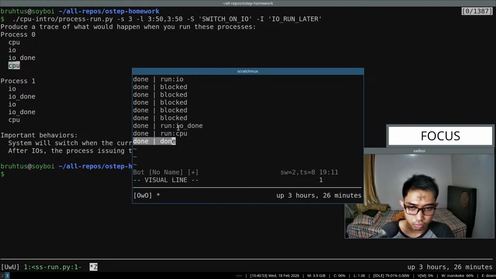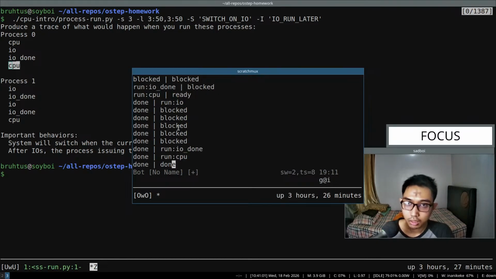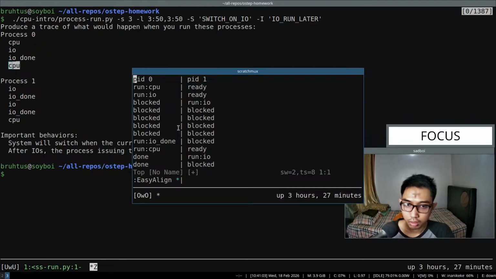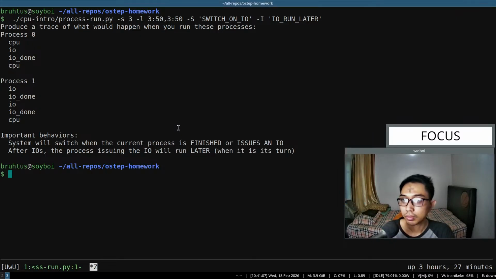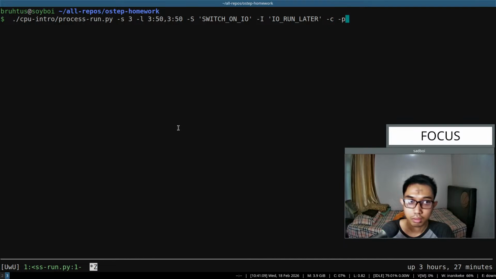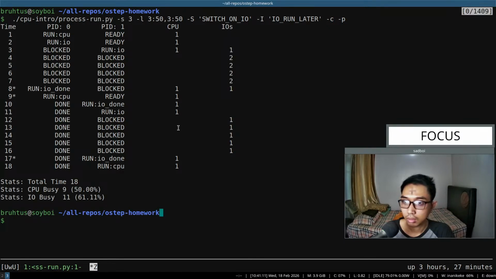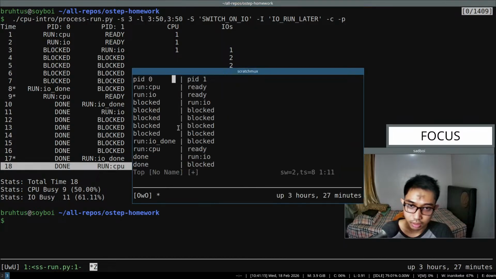I'm not sure if we need this, if we will print out this. Well, let's find out. Okay, we didn't print out the last one.